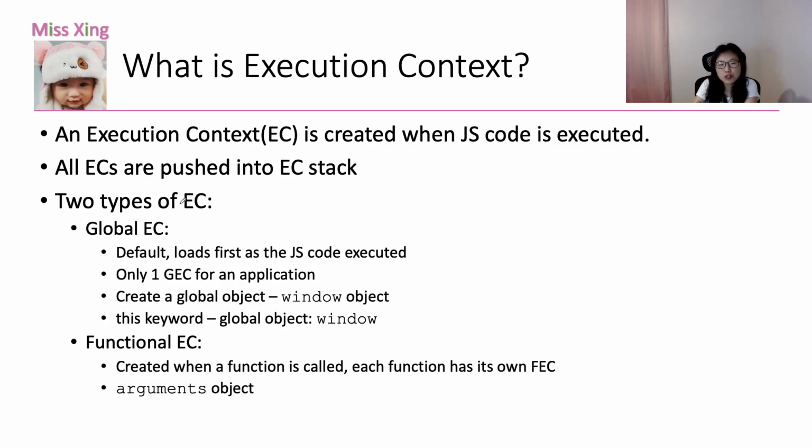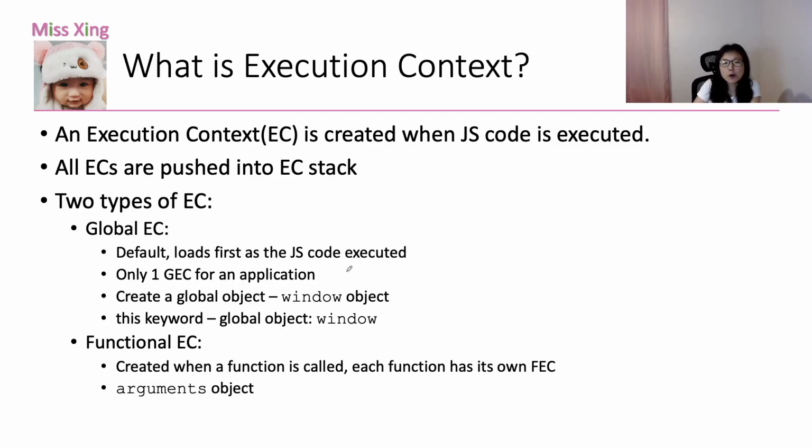It will have two types of execution context. The first one is the global one. Global is also the default one. It will load first as the JavaScript code is executed, and it only has one global execution context per application.